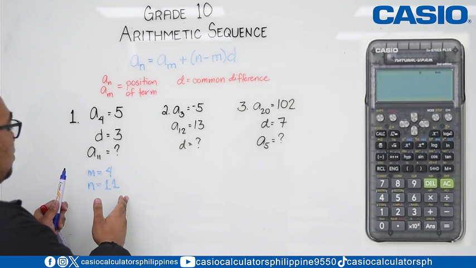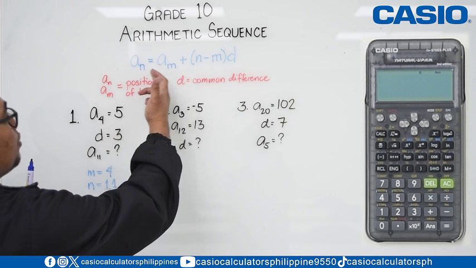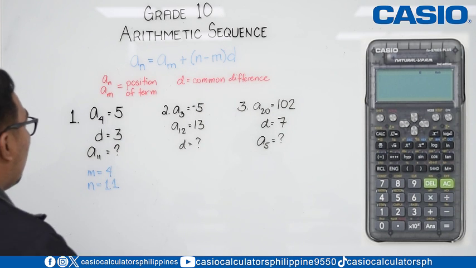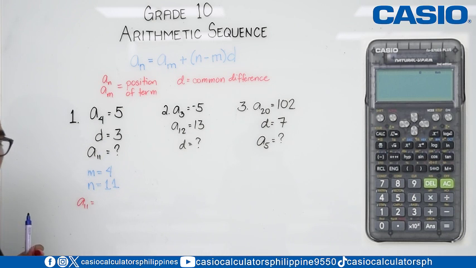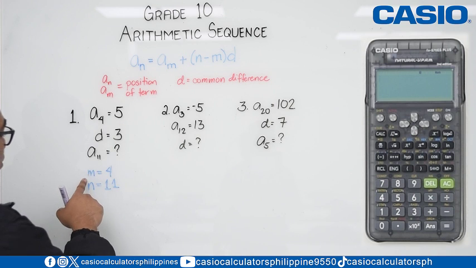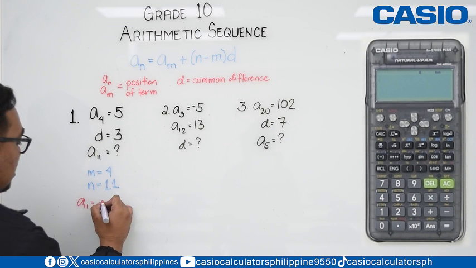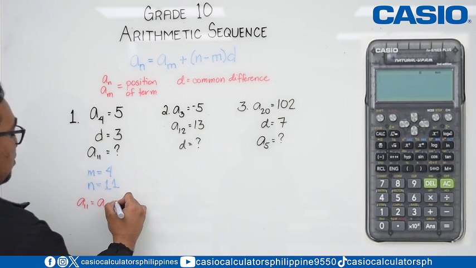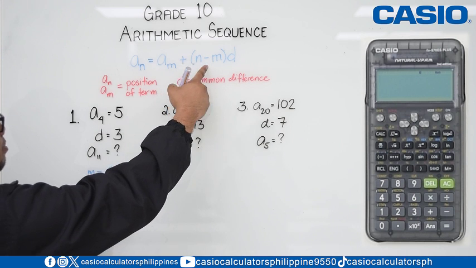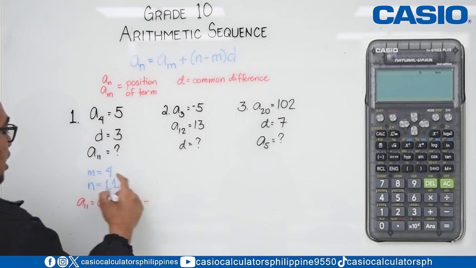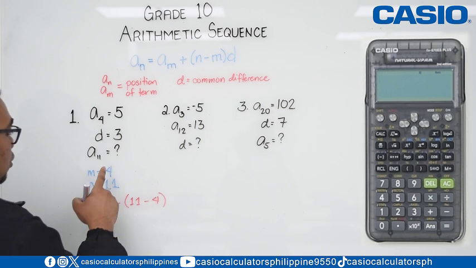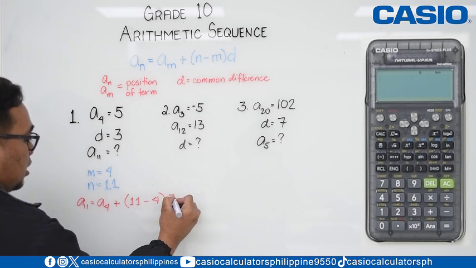Now we input everything into our equation. a sub n, that is a sub 11, the one we are looking for, equals a sub m, which is a sub 4, plus n minus m, that is 11 minus 4, times the common difference, 3.